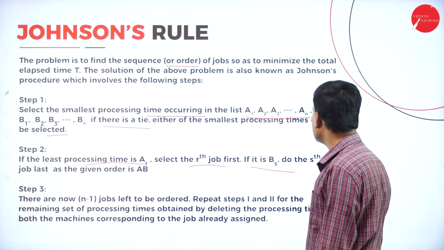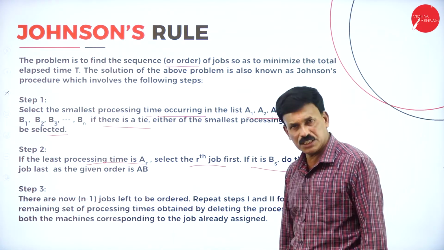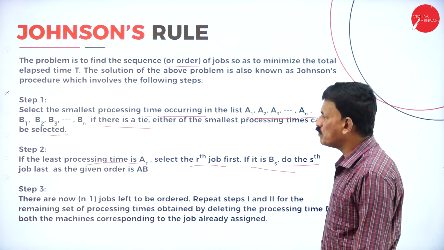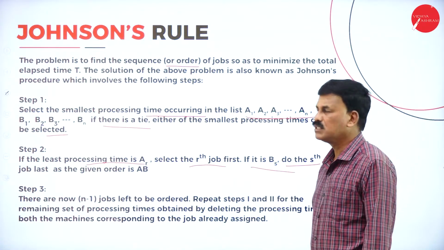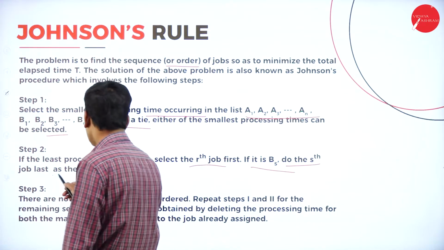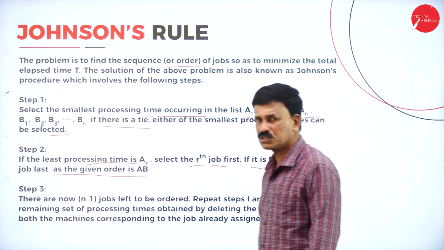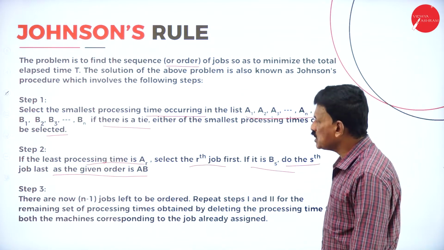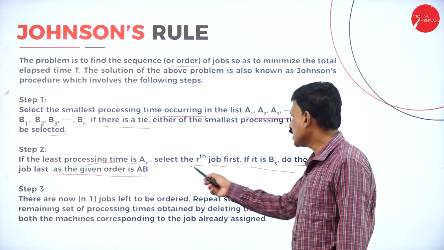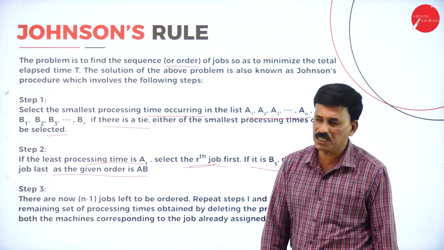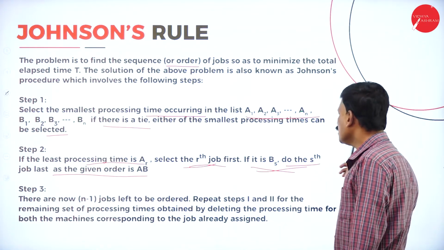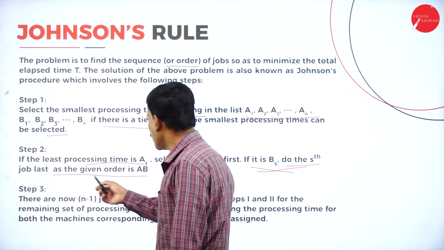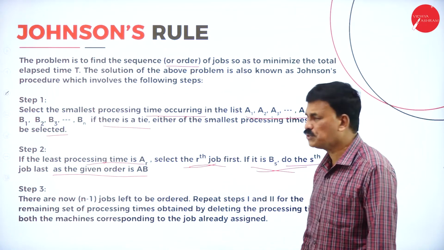If Bs is the least processing time in B, then select the sth job, and it is placed last in the given order A to B. So the sequencing is in the order A to B.